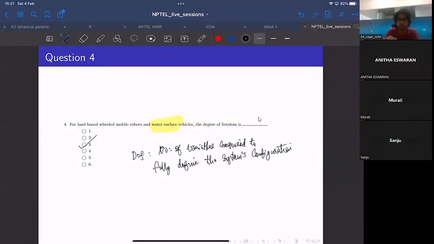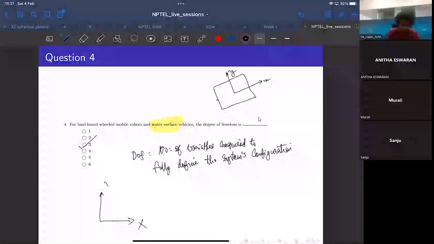If you consider this slide or this screen as a plane, and I fix this as the origin of this plane, and this is the chassis of a robot, and this is a locally attached frame, small x and y, and this is the origin attached to the ground, this is the local frame, and this is the inertial frame. So how many degrees of freedom would you require?